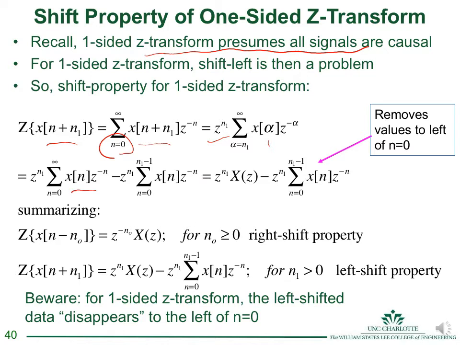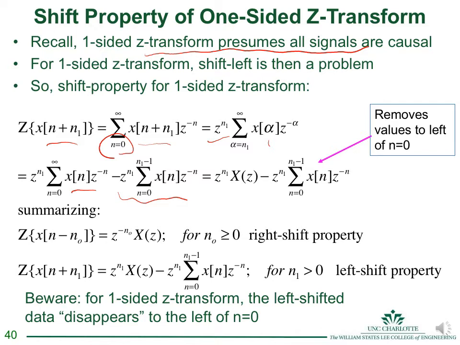But we have to subtract off terms that would be non-causal, and so we have to subtract x of n times z to the minus n for values of n from 0 to n1 minus 1.